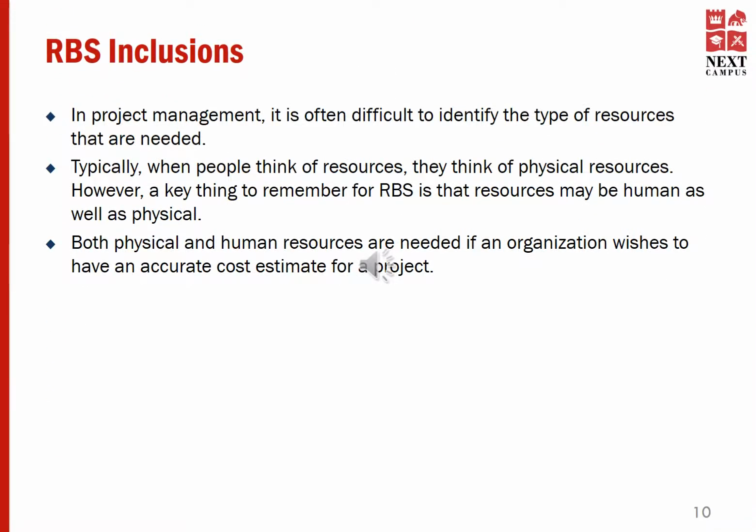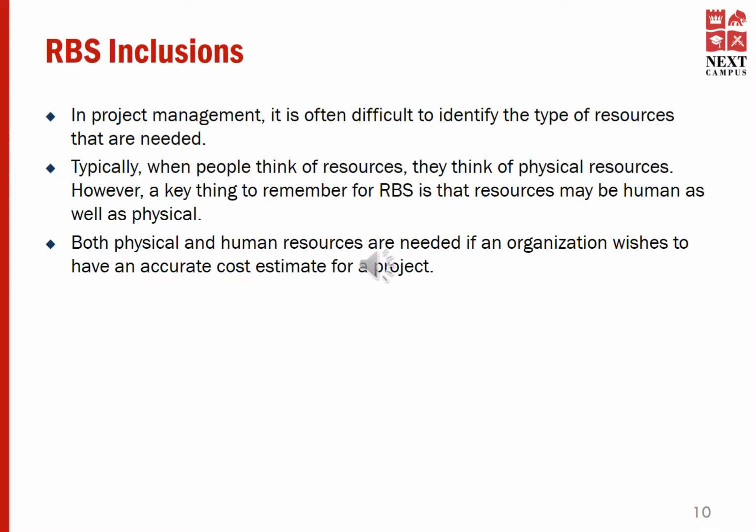In project management, it's often difficult to identify the type of resources that are needed. This must be done properly because adequate resources will help ensure the project will be strategically completed. The types of resources that may be used in a resource breakdown structure model include equipment, licenses, certifications, and personal resources.